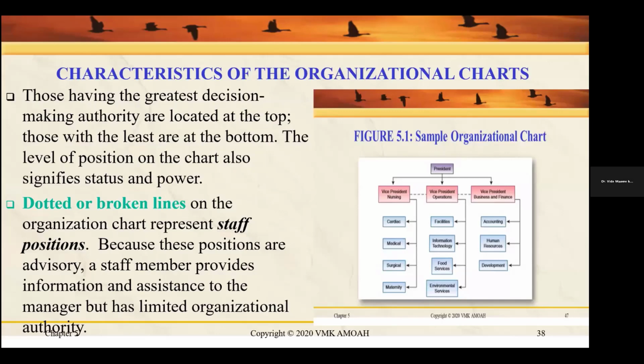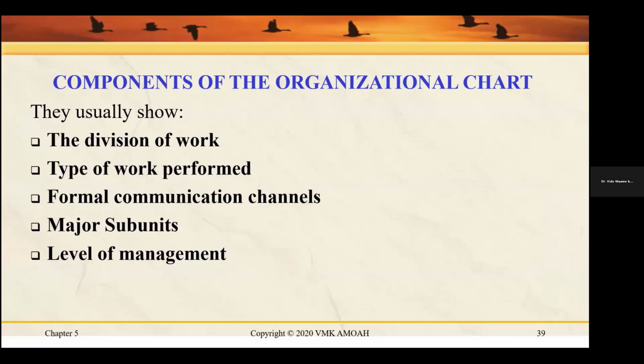Okay, so these are the characteristics of the organizational charts. And also the components of the chart: we have the division of work, who is supposed to do it and the type of work the person is supposed to perform. Then the formal communication channels, as I said, you need to follow the chain of command.